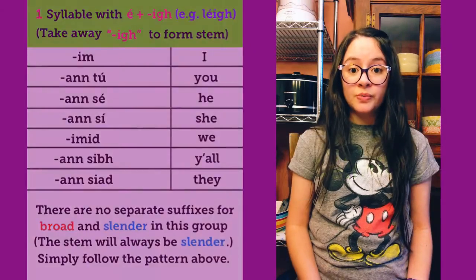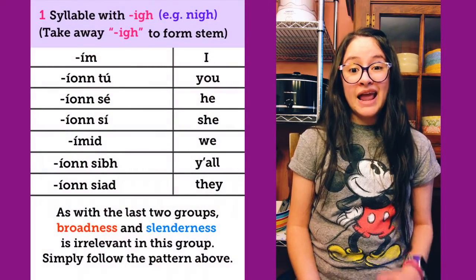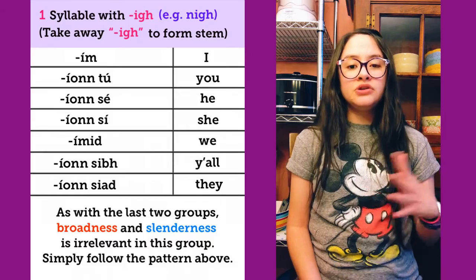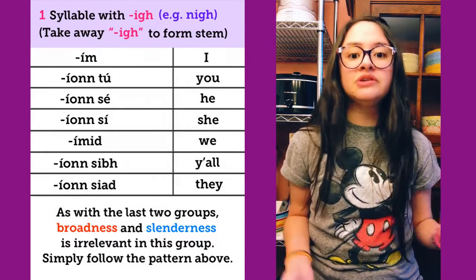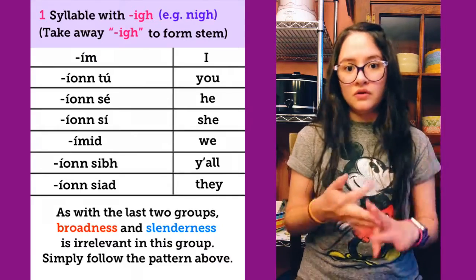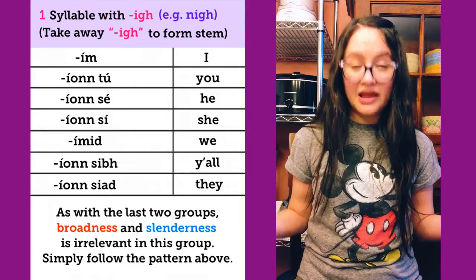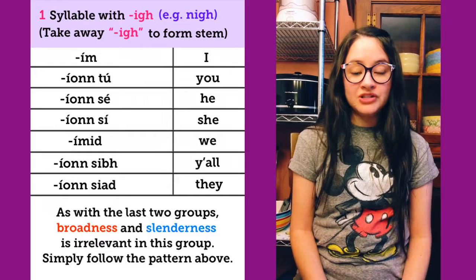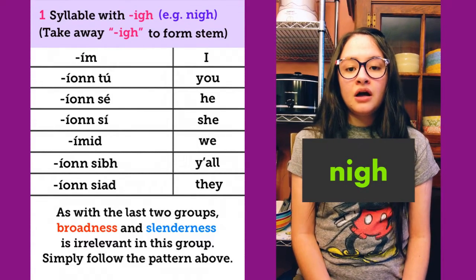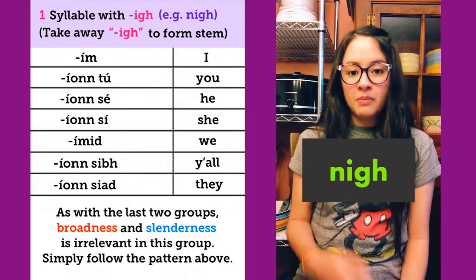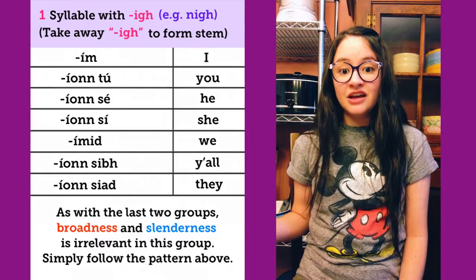Our last subgroup are the ones that end with igh but don't have those other qualifications such as é fada, á fada, ó fada, ua, whatever. So, for example, nigh, which means to wash. Again, you form the stem by just removing the igh.